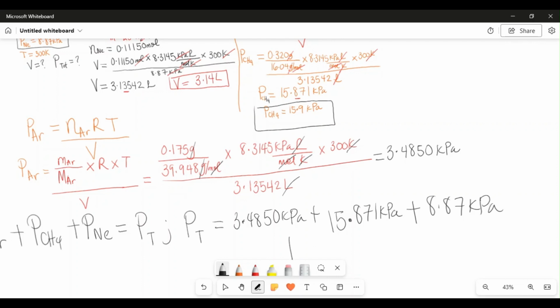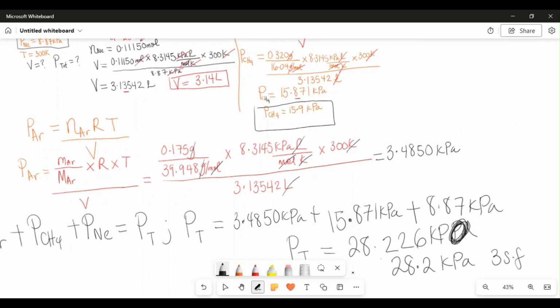Then you add all of this information up to get 28.226 kilopascal, which to three significant figures is 28.2 kilopascal, because that's how our question has been given. So the total pressure is 28.2 kilopascal.